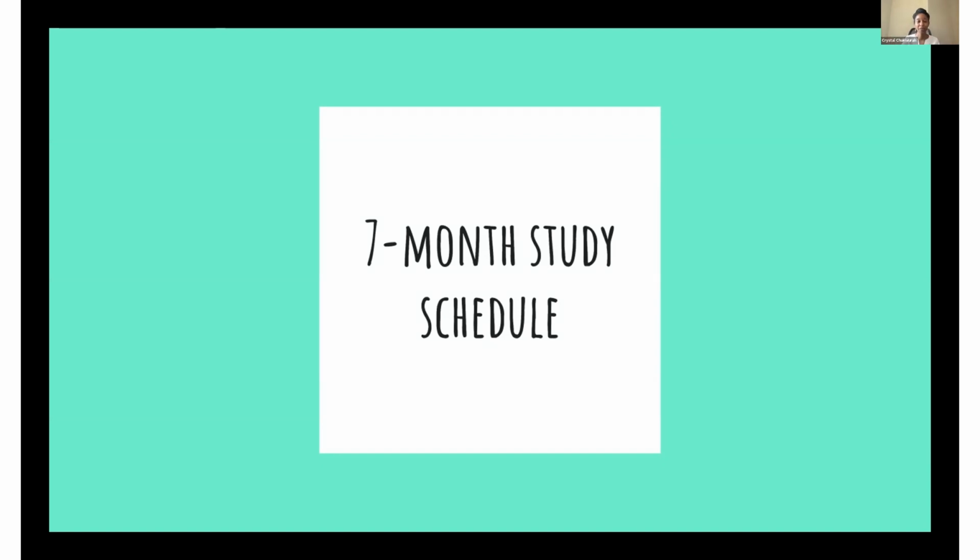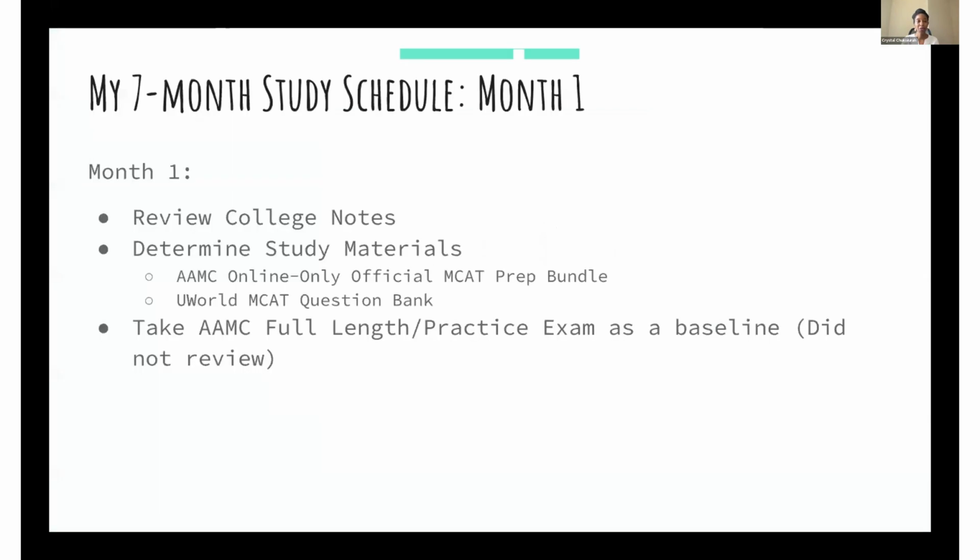So for me, breaking it down into 7 months, I'll go through this just at a high level, and then if you have questions, I can answer in more detail. The first month for me was gathering my college notes. Like I was saying, if you have good notes from undergrad, it's going to help you out with the MCAT, so don't just throw away your notes.